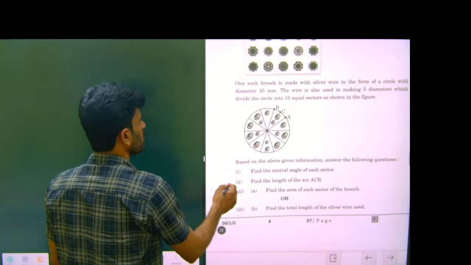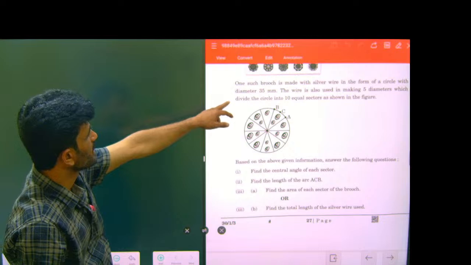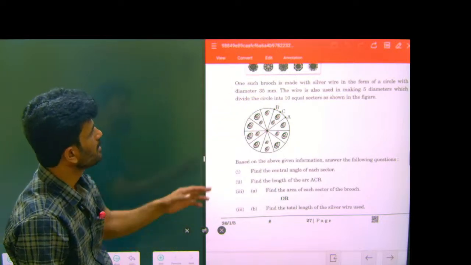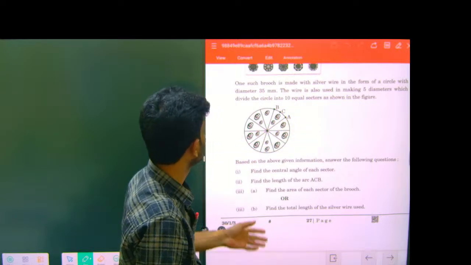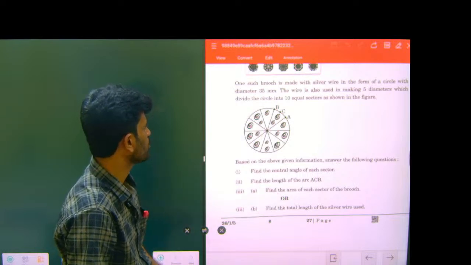Before going to that, it is given that this brooch is made up of a circle whose diameter is 35 mm, and the wire is also used in making 5 diameters, which divide the circle into 10 equal sectors as shown in the figure.